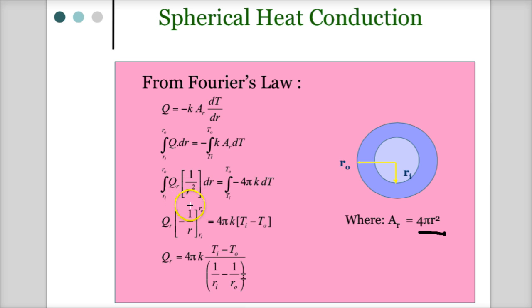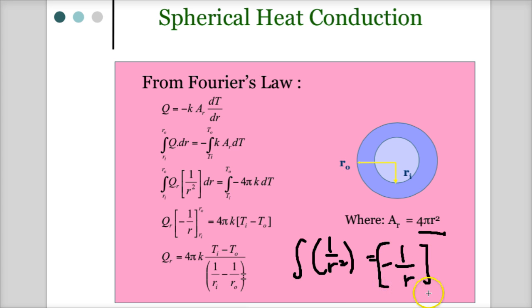So if you integrate 1 over r squared, it becomes minus 1 over r. All right, that's the rule.